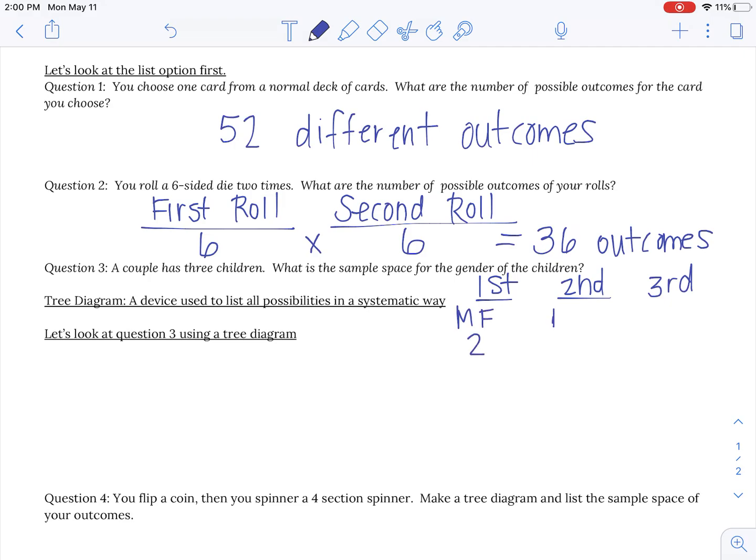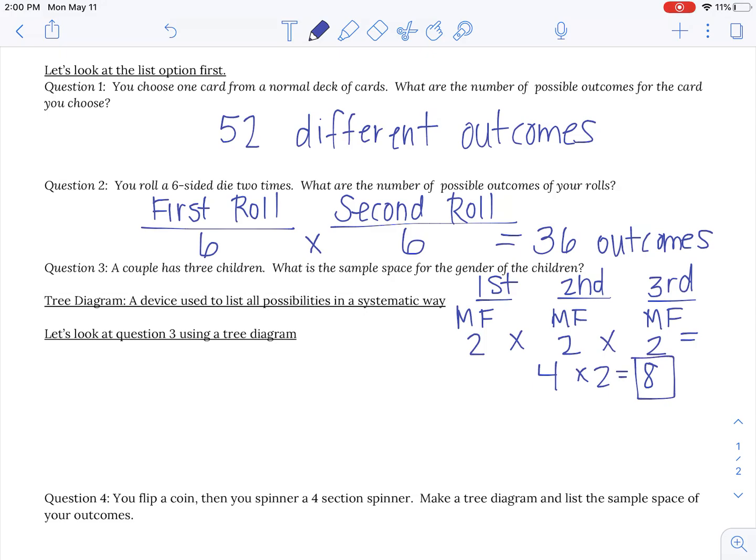The second child, male or female, 2 outcomes. And the third child, male or female, which is 2 outcomes. And like I said, every outcome you multiply by the next. So this gives us a total of 8 different outcomes for the gender of 3 children.